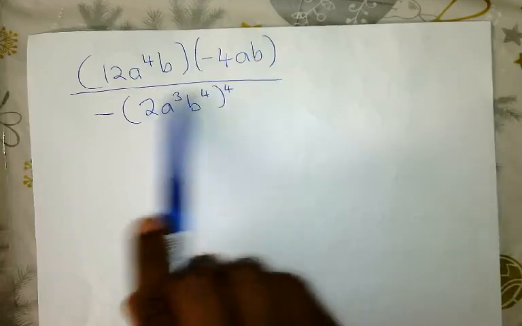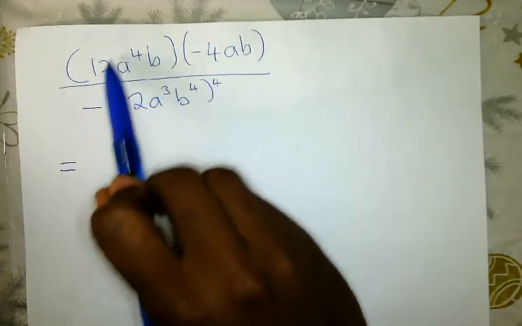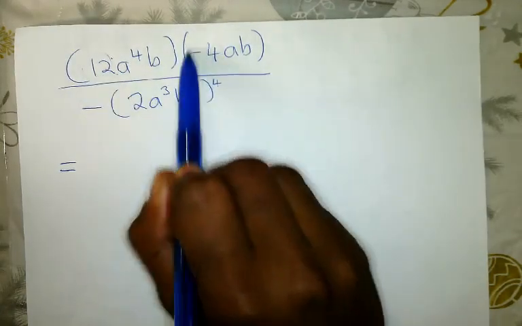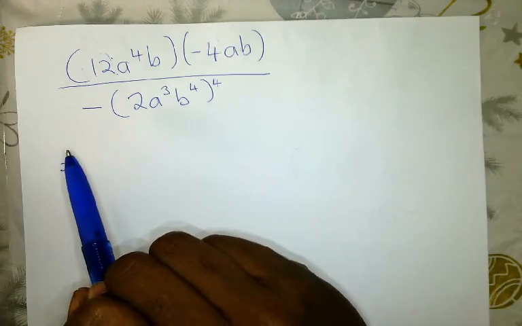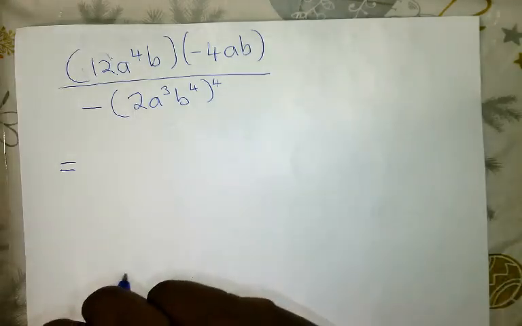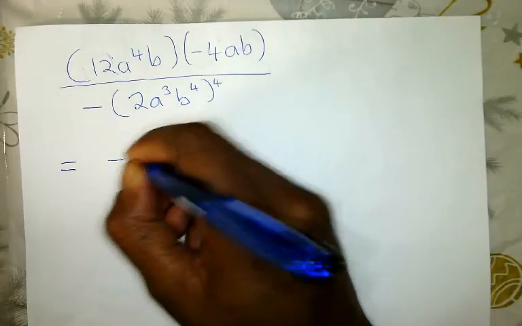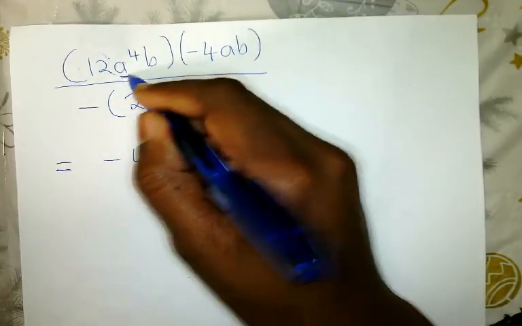So whatever answer we're going to get here, we're going to multiply it with a negative number. And then on the numerator we have a positive 12 multiplied by a negative 4, which becomes how much? What is 4 times 12? 48. Yes, negative 48. And then what is a to the power of 4 multiplied by a to the power of 1? We're going to add the exponents. It becomes a to the power of 5.